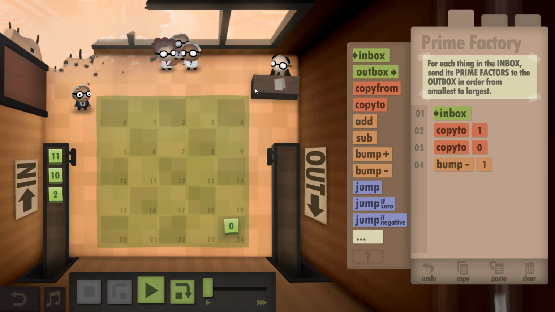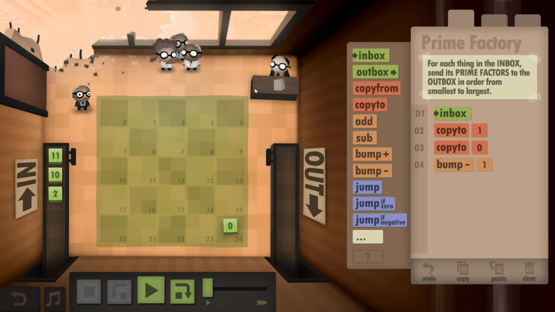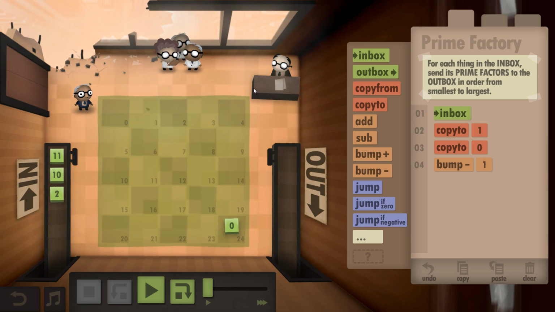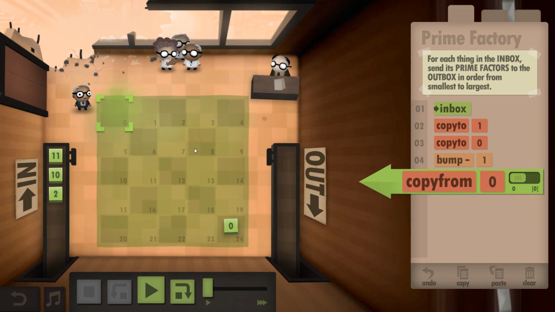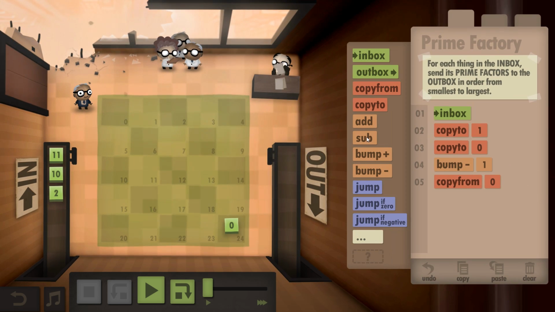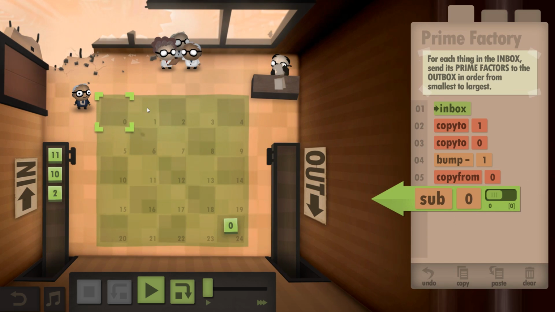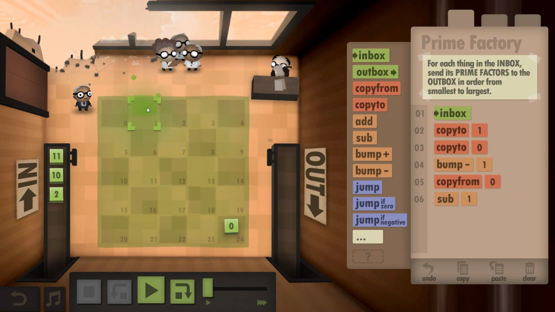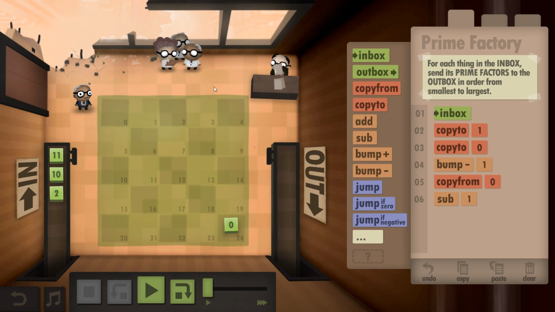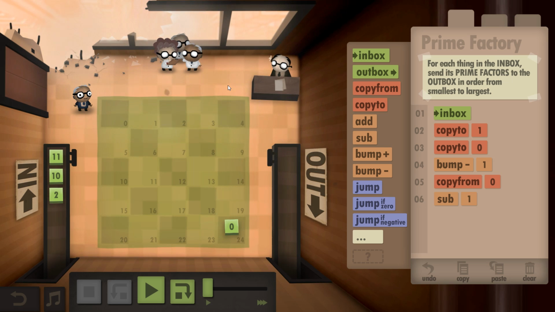I don't need to divide a number by itself, because it's always going to be 1. So I bump it down, and now I basically do the... this is weird. This is really weird.